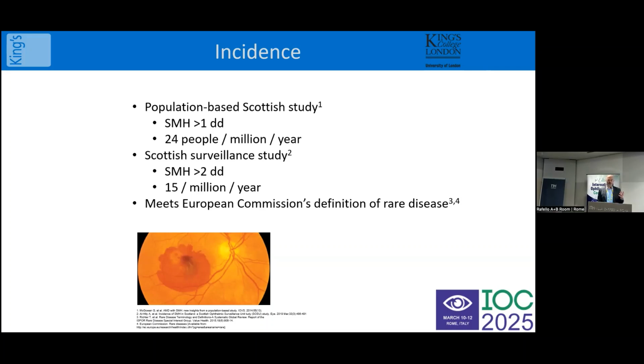If you say the submacular hemorrhage has to be at least 1 disc diameter, and that's your definition of the submacular hemorrhages we're talking about today, then a population-based study suggests an incidence of 24 people per million per year, which is not a lot. If you increase that threshold to 2 disc diameters, so that's a larger hemorrhage, a smaller patient population, the numbers we're looking at are perhaps about 15 people per million per year.